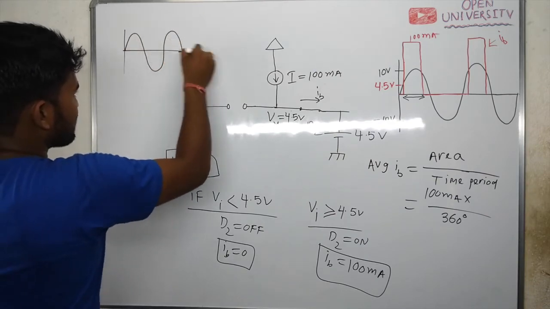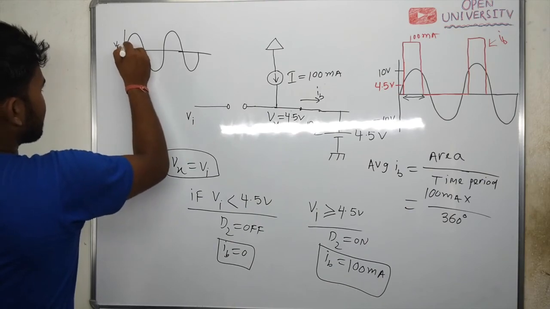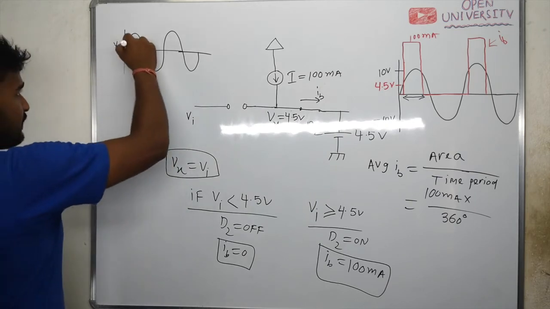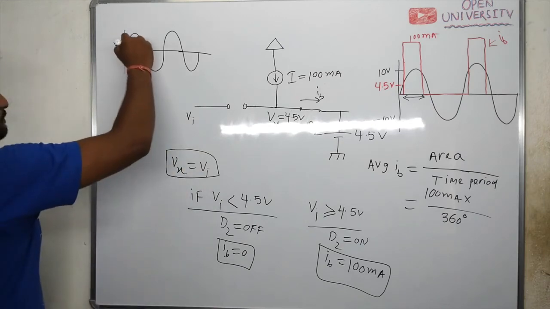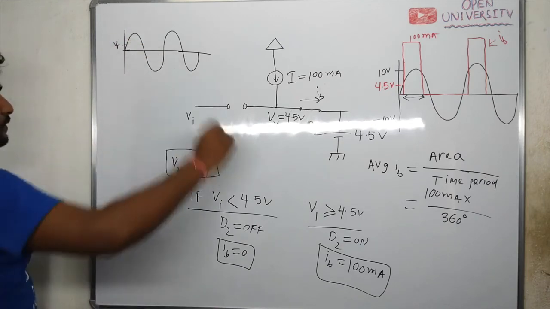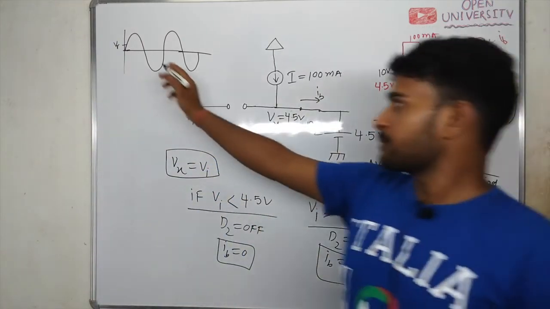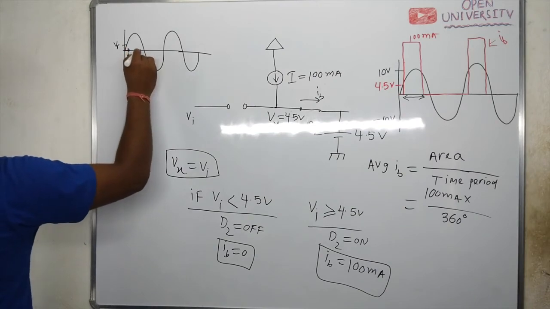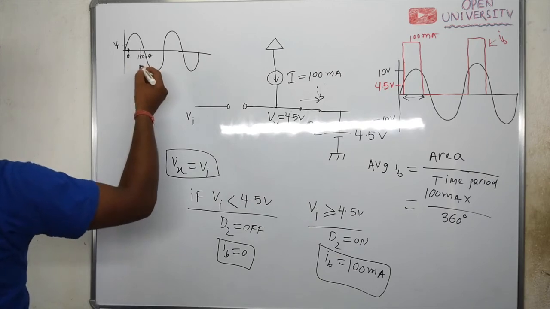If the diode has cut-in voltage, let it be V gamma, then it will conduct only after V gamma. In this input signal, let this point be theta, and this is 180 minus theta.